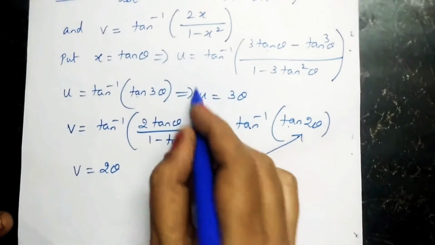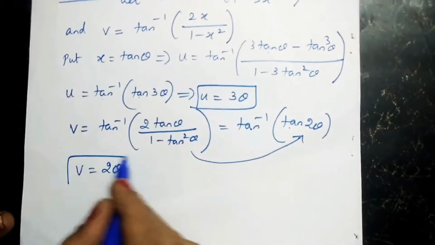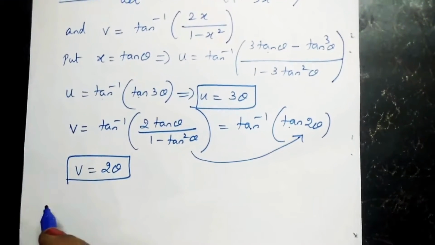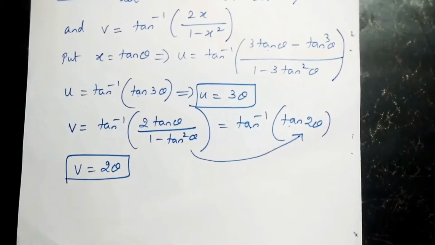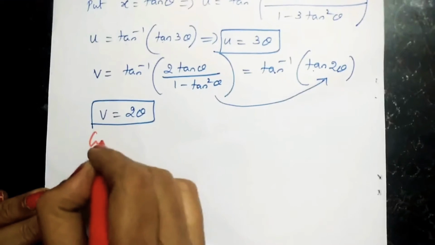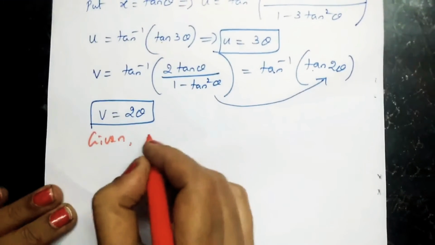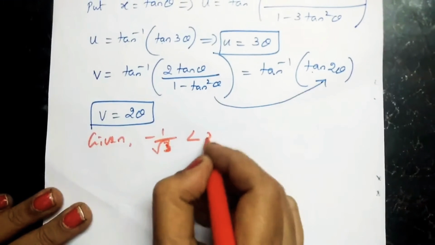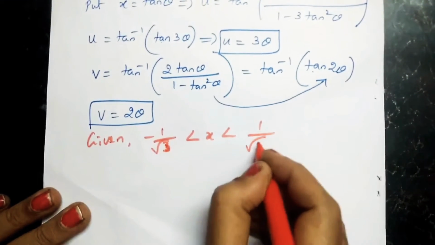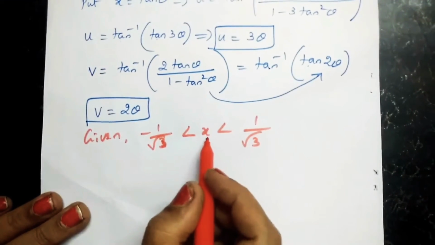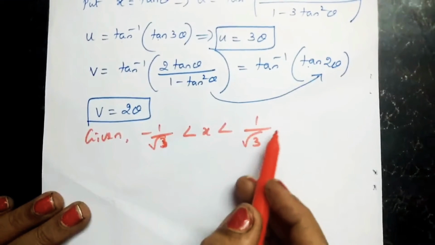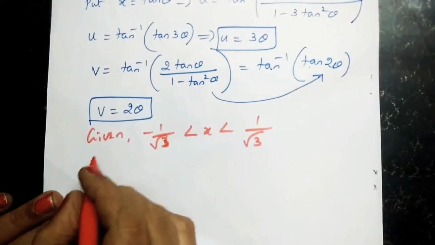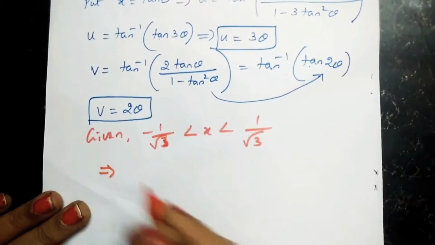Now you are getting u is equal to 3 theta, v is equal to 2 theta. Now what is given? Given minus 1 by root 3 less than x less than plus 1 by root 3, the open interval. Now use this given condition.